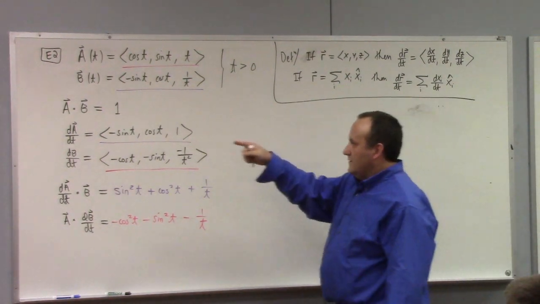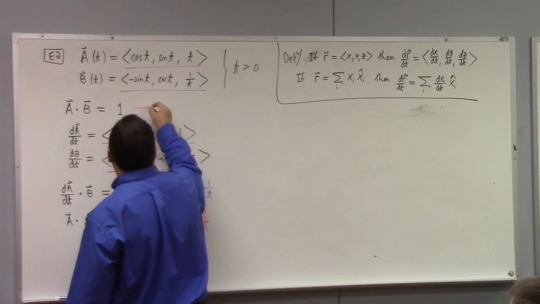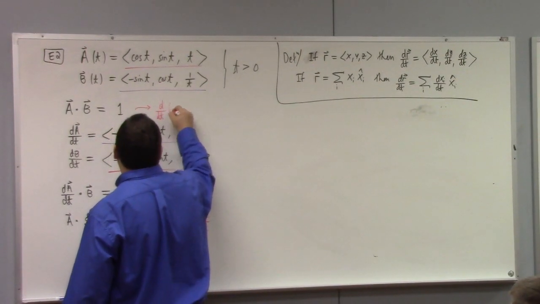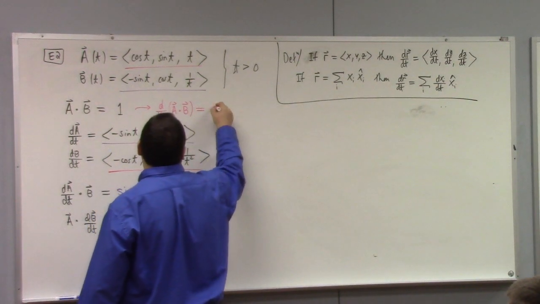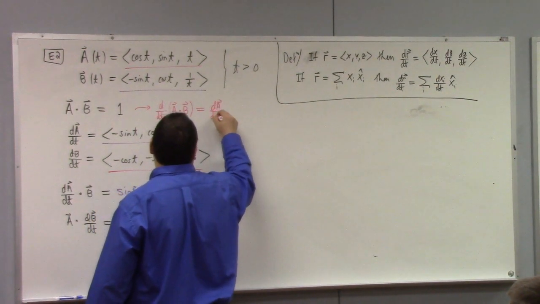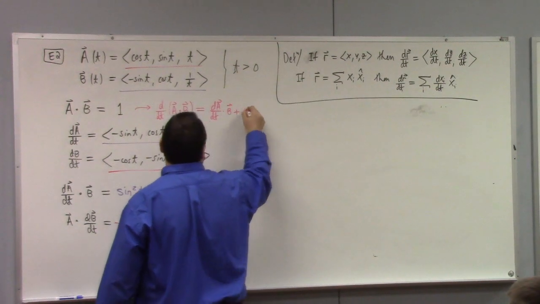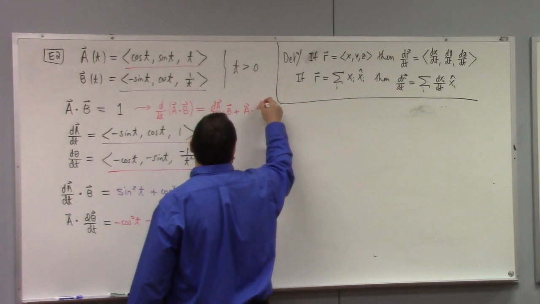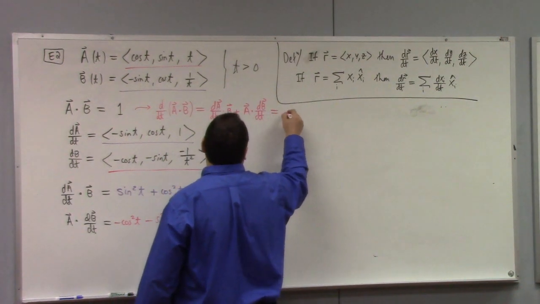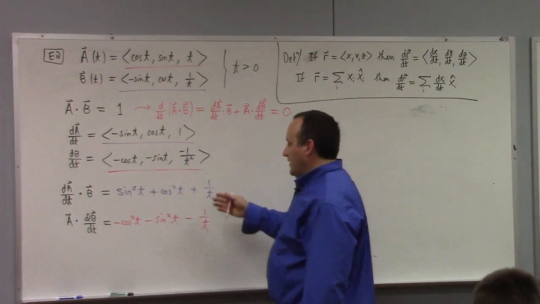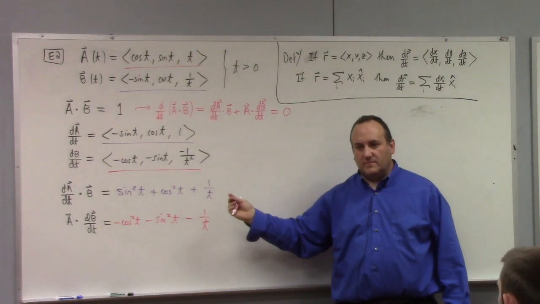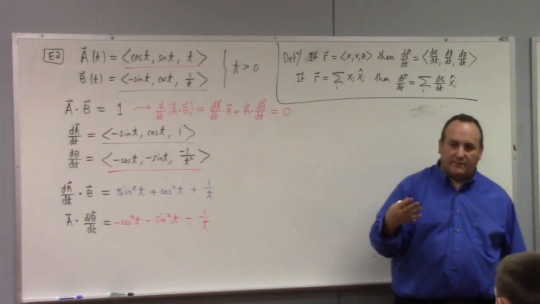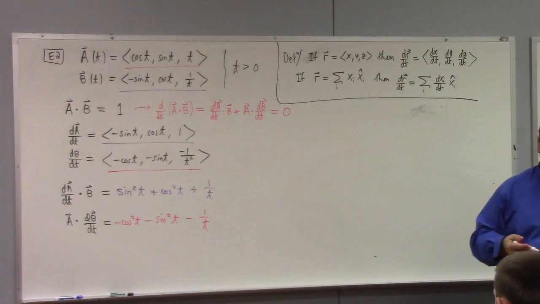It's saying that d/dt of a dot b, which is equal to dA/dt dot b plus a dot dB/dt, is equal to 0. Now, the nuts and bolts of that is not trivial, even though the fact that the derivative of 1 is 0 is kind of trivial.